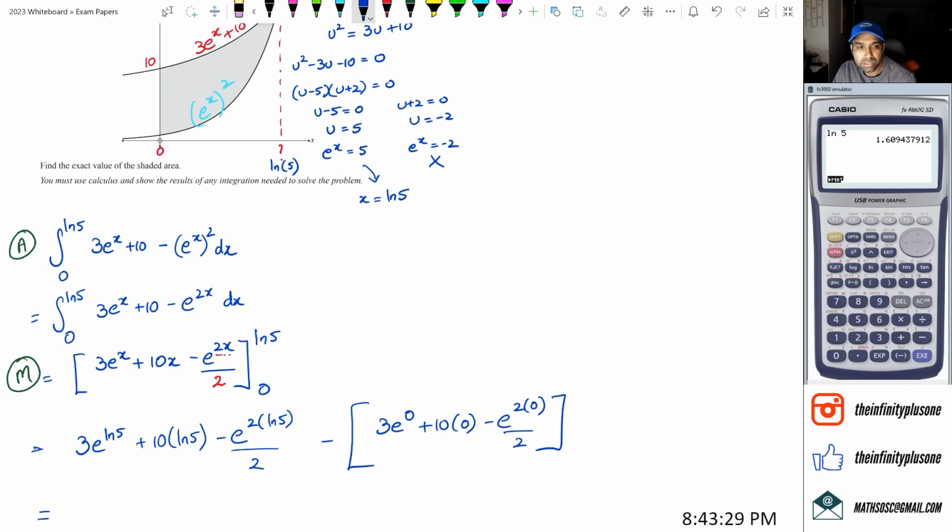But what I am going to do is take that very first line before I integrate it and put that in the calculator. So I'm going to go into option, calc, integral, and what is my equation? I've got 3e^x, so shift e to the power of x, plus 10 minus e to the power of 2x.